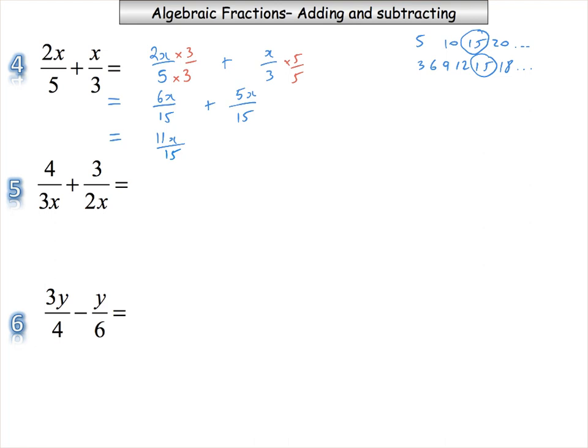Alright, the next one we've got a 3x and a 2x. So before we had a 5 and a 3, we found the common multiple, and over here we need to find what a common multiple is going to be. So if it was just a 3 and a 2, what would be the common denominator there?